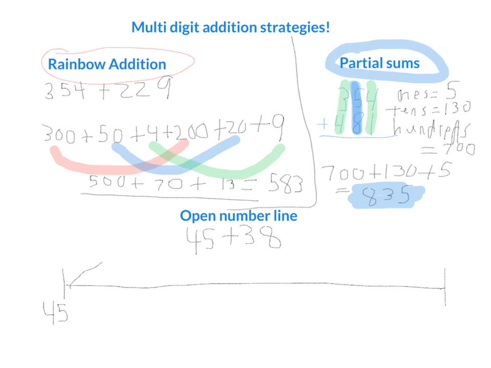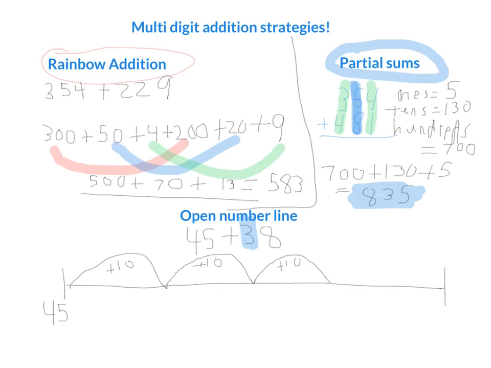So we would go plus 10, and plus 10. These jumps all represent plus 10. So now we just got rid of the 30. So now we just know we did 45 plus 30.